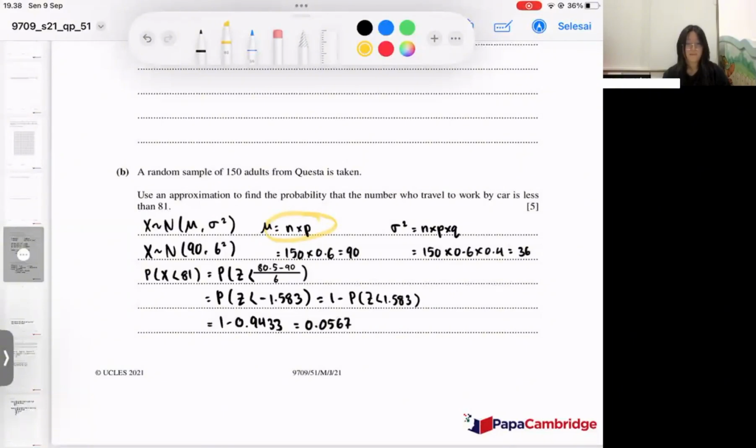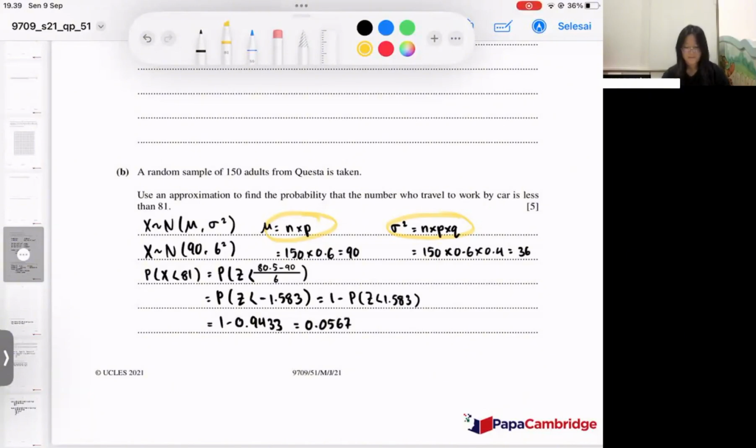And to find the variance, we use the total sample multiplied by the probability of success multiplied by the probability of failure. After calculating everything, we get X ~ N(90, 36), or 6 squared. 90 is the mean, and 36 is the variance. Meanwhile, the standard deviation is the square root of 36, which is 6.